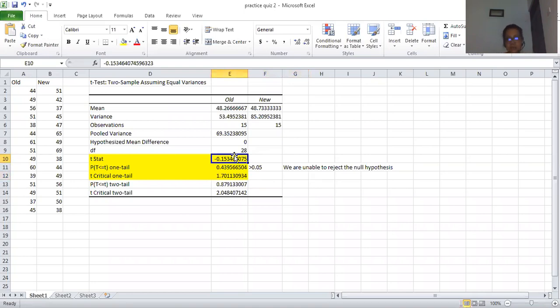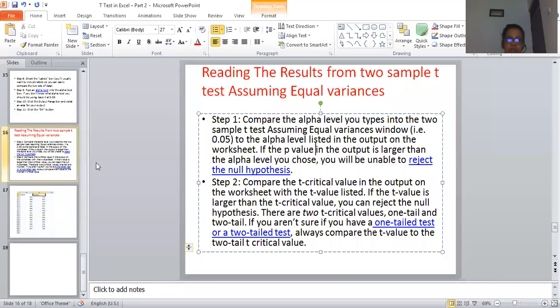reject the null hypothesis. Okay, so at the end the real conclusion is that by looking at the t-stat value and the p-value, we are not in a position to reject the null hypothesis. That means we are accepting the null hypothesis. That simply means, what was our null hypothesis?